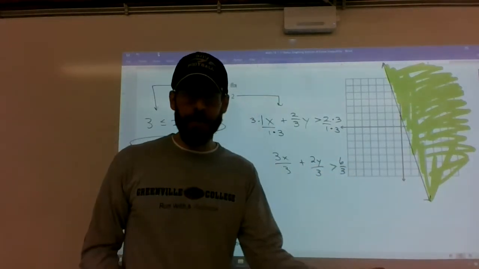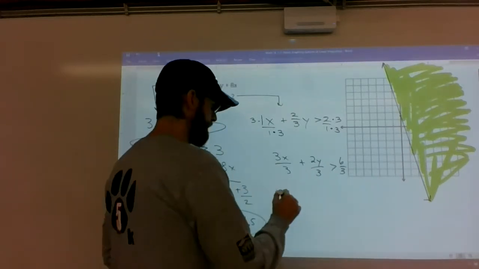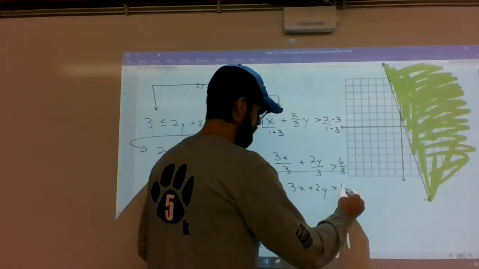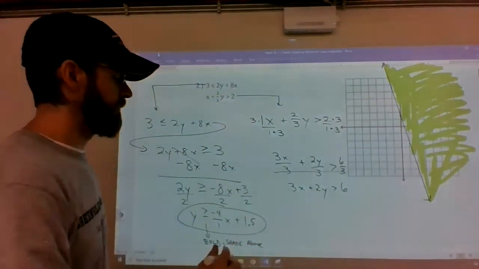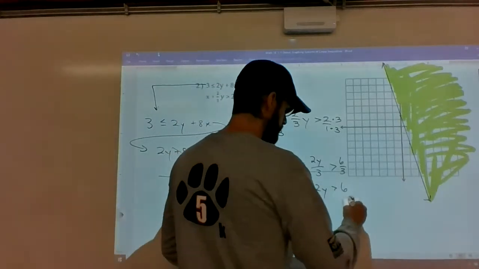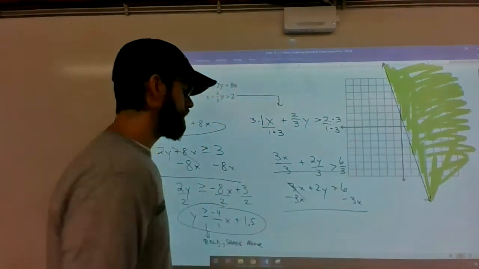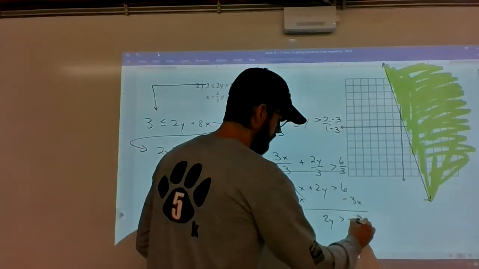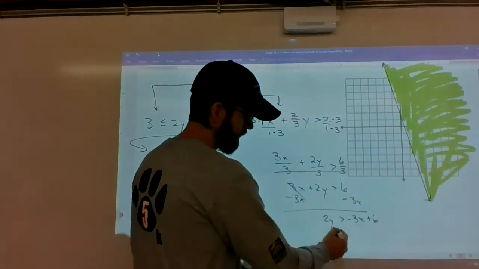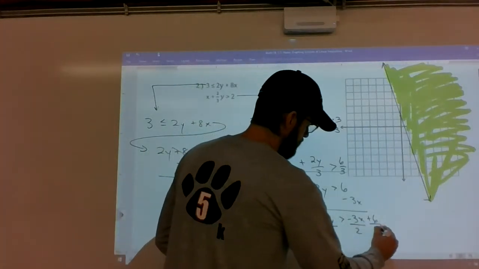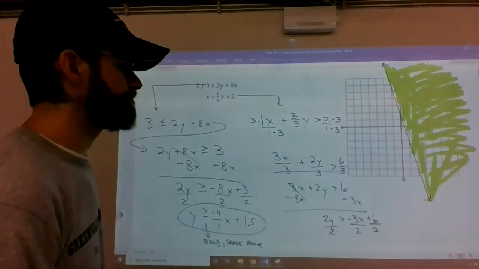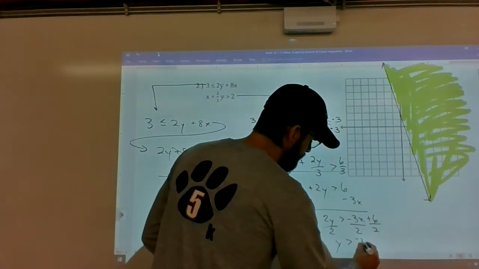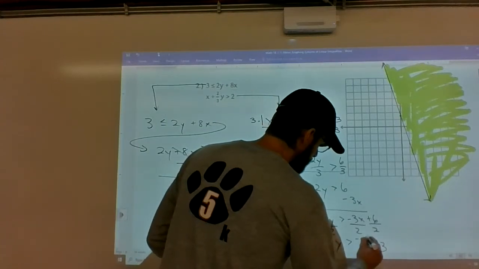Oh yeah, when we find the common denominators, you can ditch them. And then do the normal thing. So y is greater than negative 3/2 x plus 3.